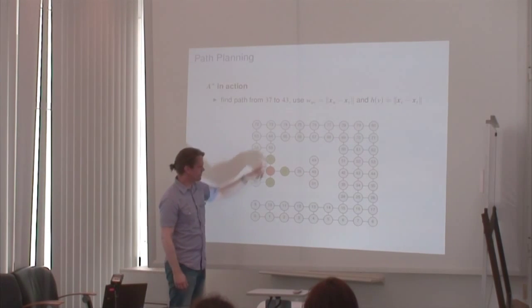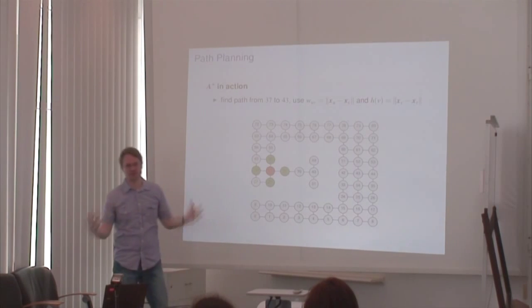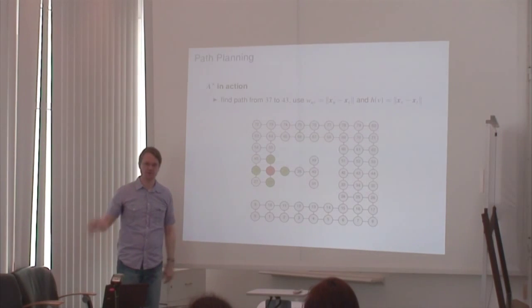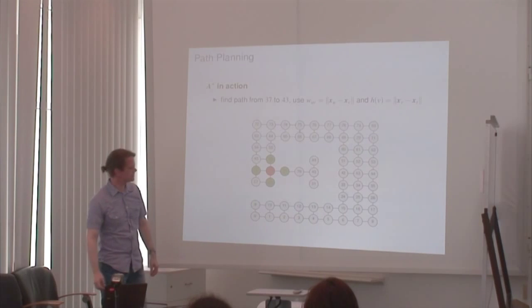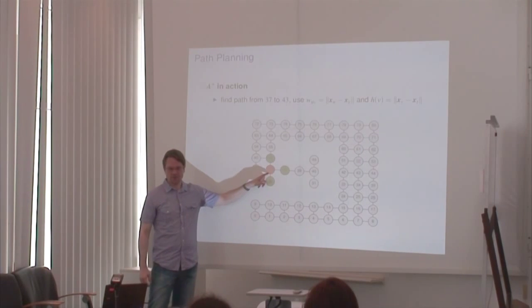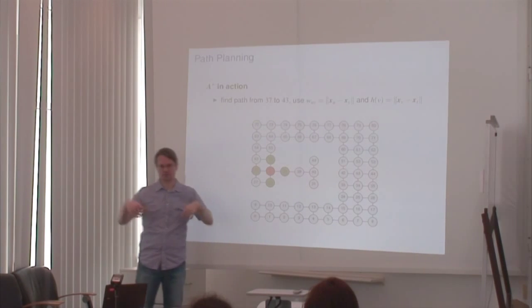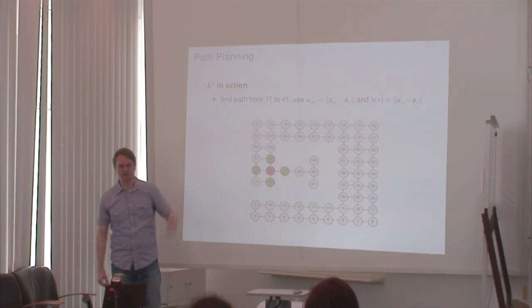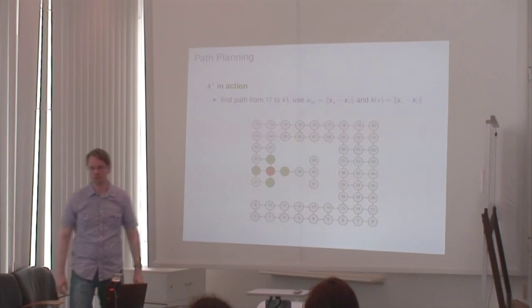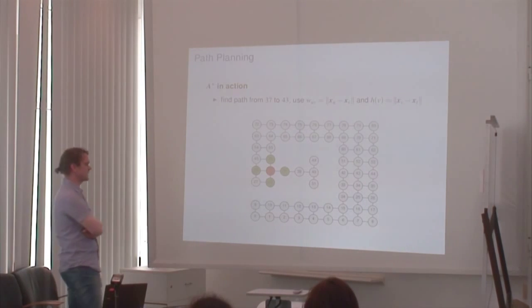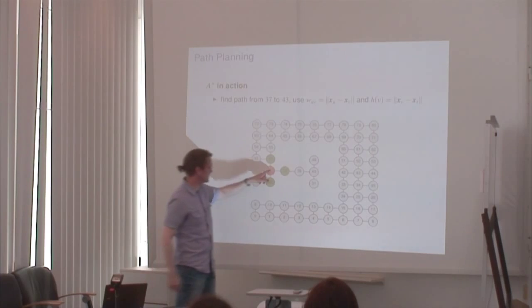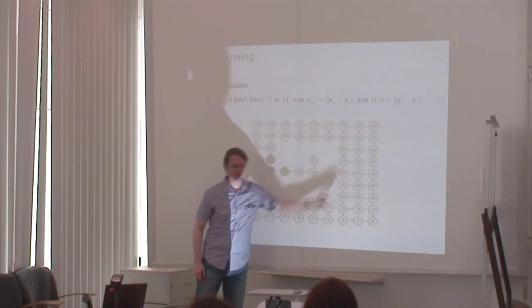Topologically, this node has 4 neighbors. We examined them. We already assigned these F values to these 4 neighbors and put node 37 in the closed list. So if it's red, then it has been examined. If it's green, it's a node on the fringe, a node we may examine further. So again, our problem is to get from here to here. How will that happen?